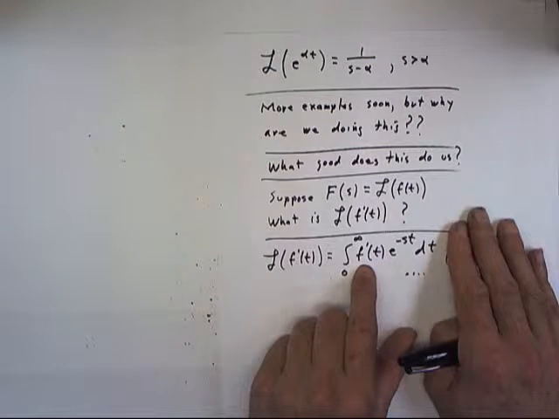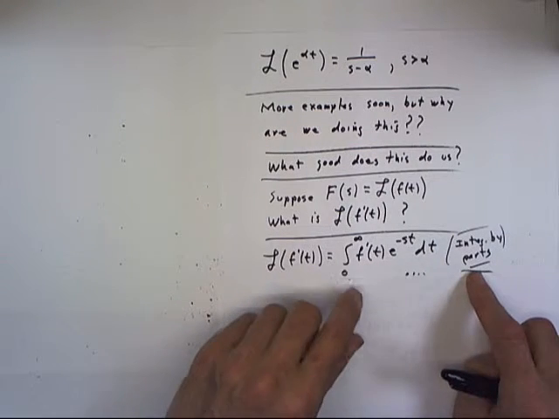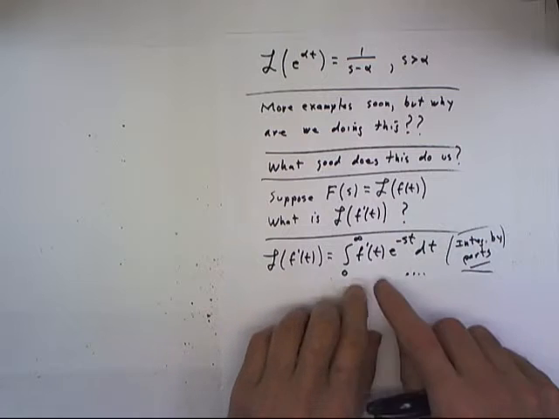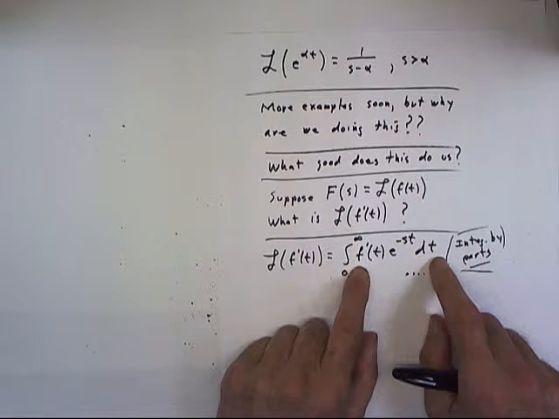If we can simplify the form of this by taking the derivative or integrating this function, then integration by parts will simplify our integral. It turns out in this case that the derivative of f prime of t is f double prime of t, and that isn't particularly helpful.